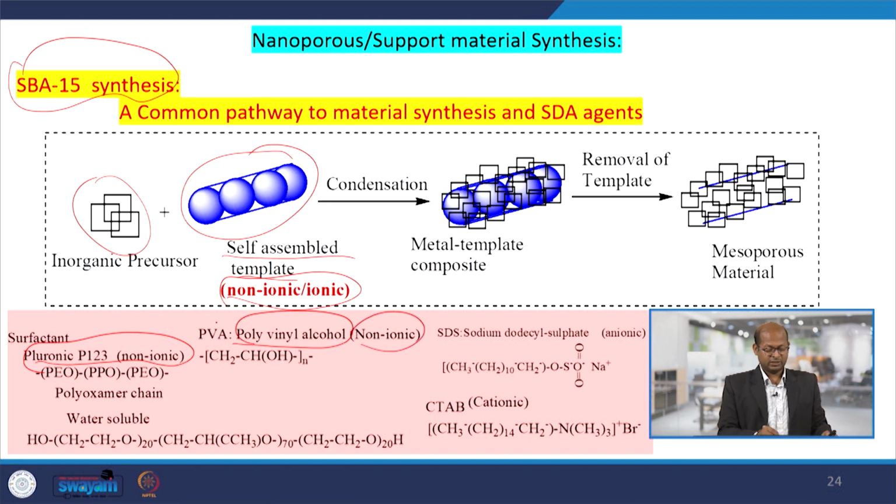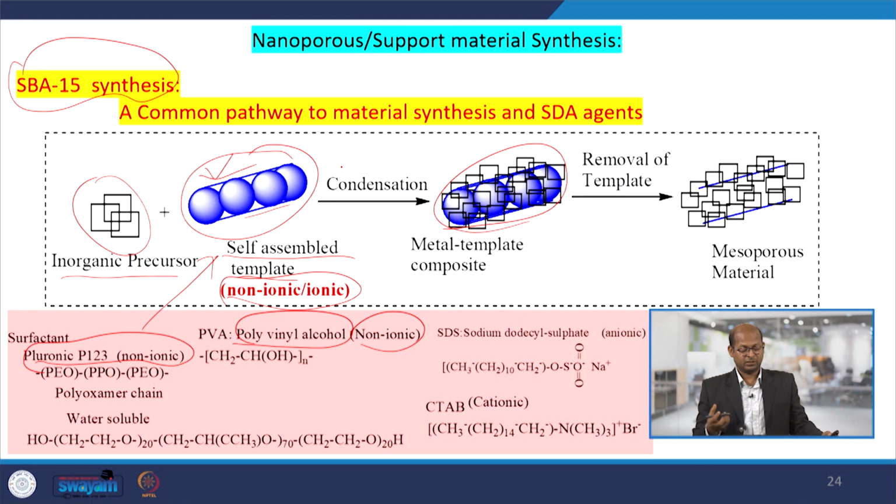These surfactants are usually water soluble, and then with the inorganic precursors, the self-assembled templates undergo condensation, and metal template composite formation happens. After that, these templates or organic components we can remove by heating.